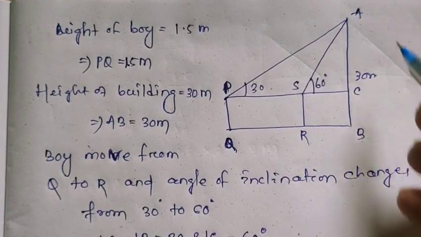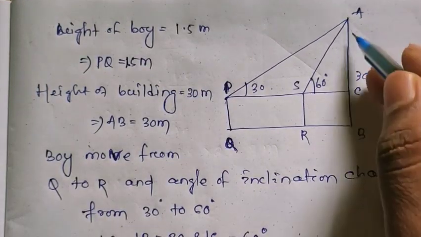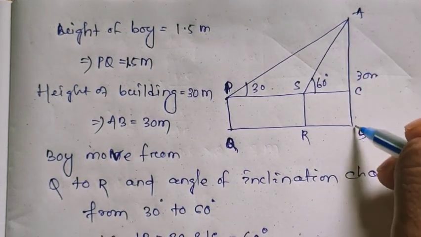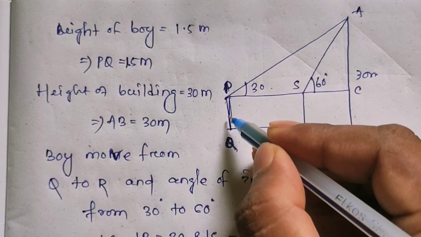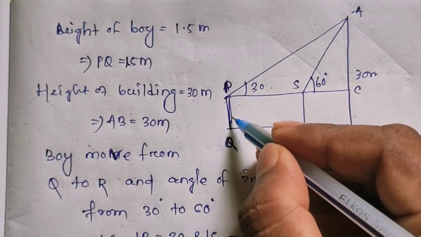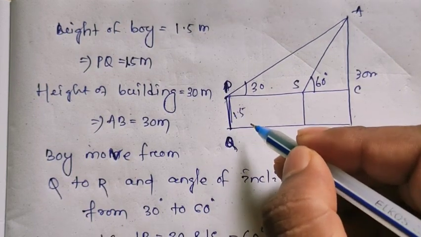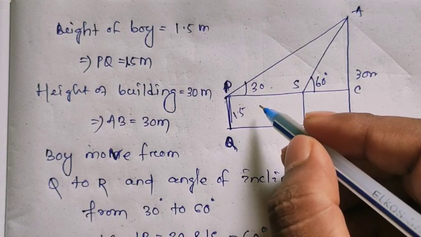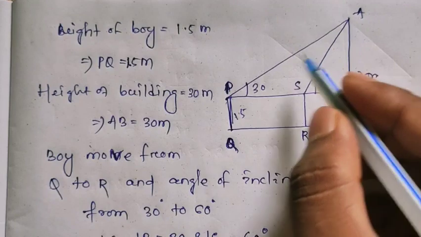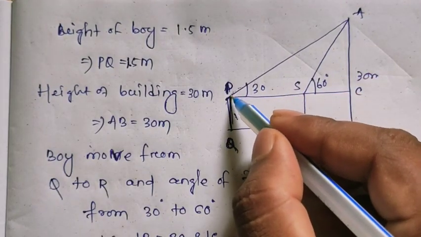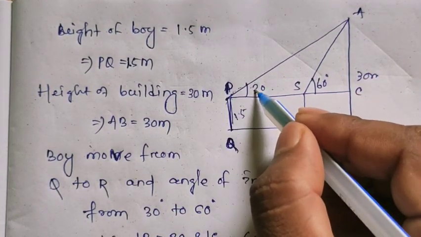So here is the figure. Let us consider AB is a building, and PQ is the boy whose height is given as 1.5 meter. When the boy is at PQ, the angle of elevation from his eye, that is from P, is 30 degrees.